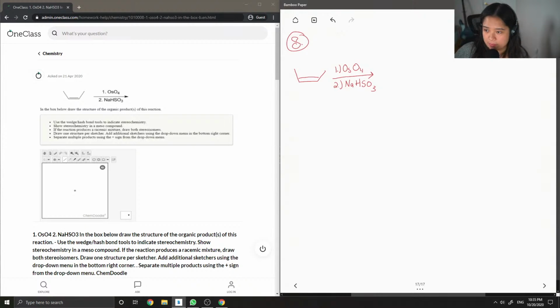Okay, so this osmium complex, I'll draw out the mechanism, looks like this. And basically, there's a movement of electrons that occurs once it reacts with the double bond. And the movement kind of looks like that.